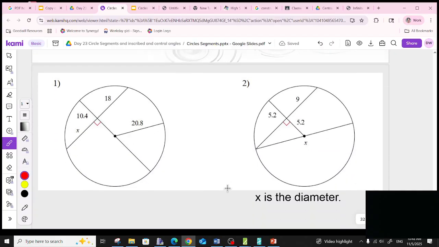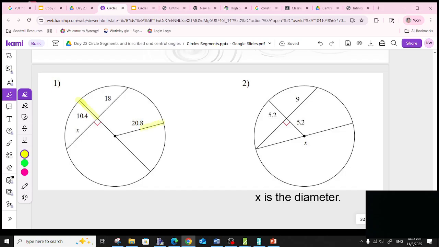Okay, so let's do a couple more together before you do your homework. If this is a diameter, you have to be careful on the markings, and if you ever are confused, let me know even on a test because it can get confusing. This yellow piece is 10.4, okay? It's not this one, it's this little piece here.